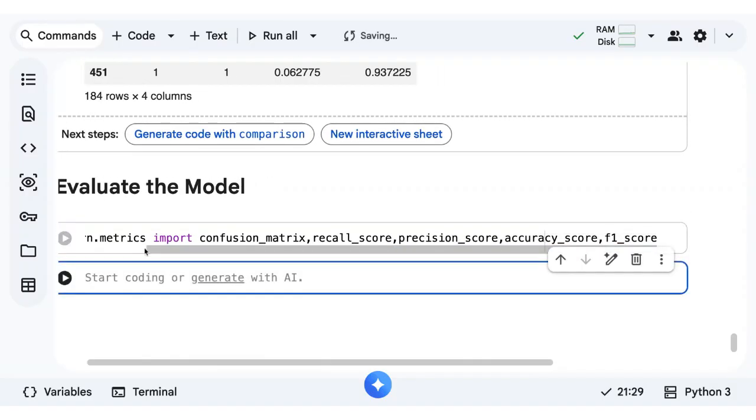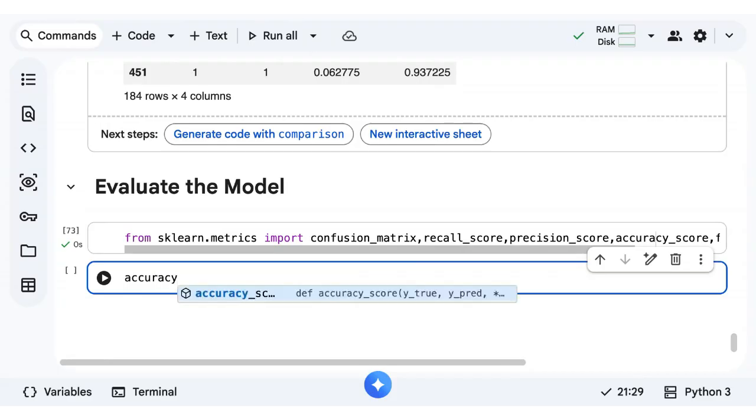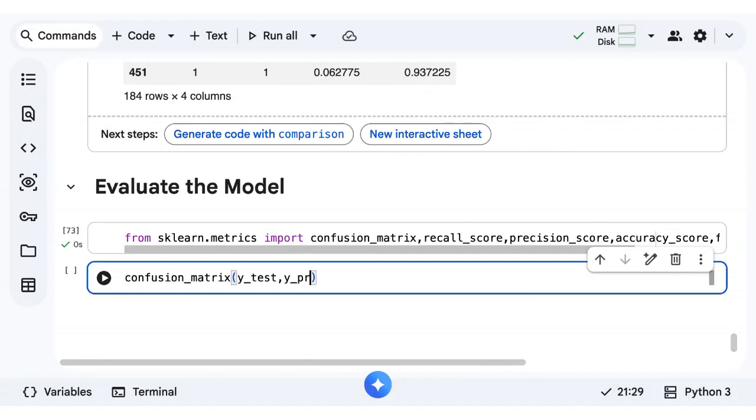Okay, and then you can call accuracy score, first confusion matrix. You pass your y_test as well as your y_pred.